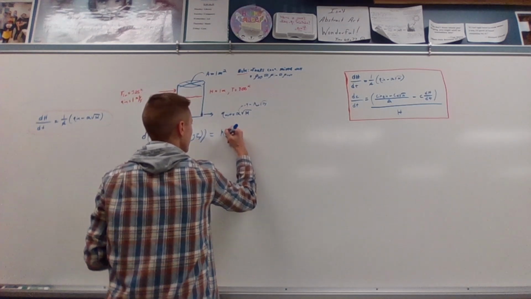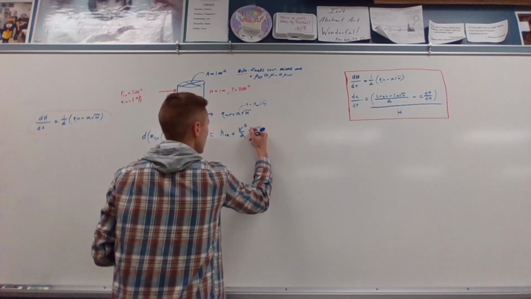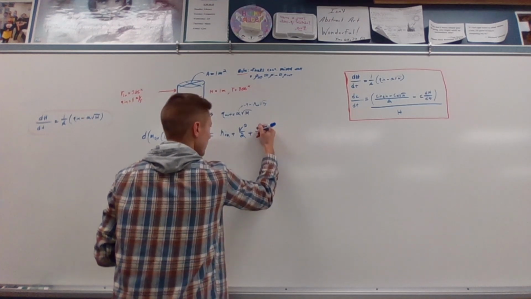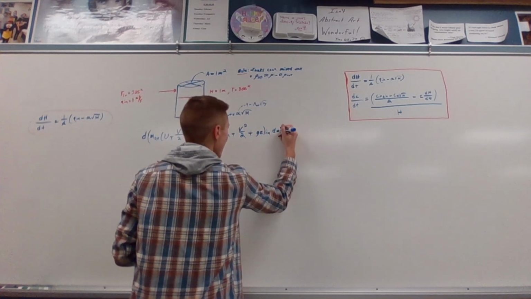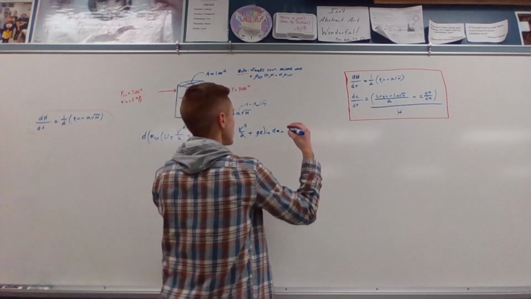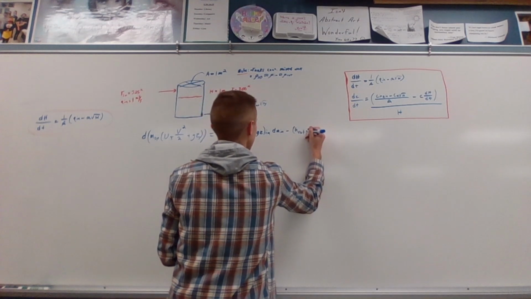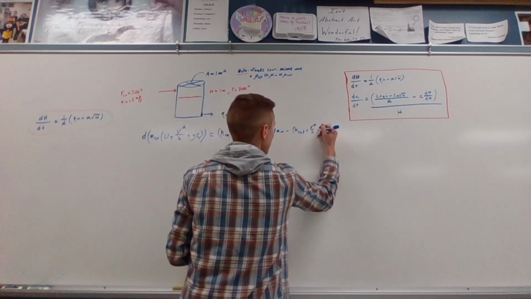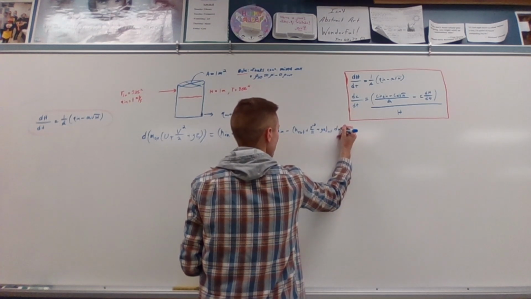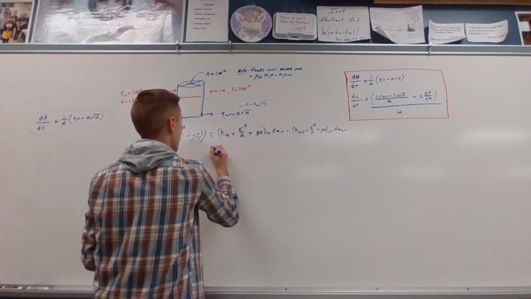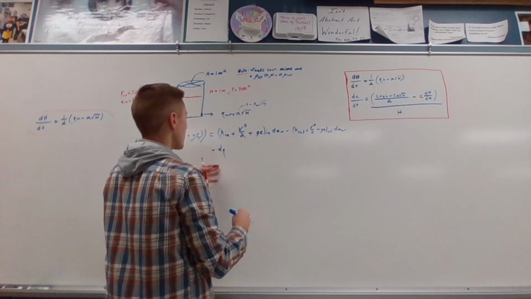The system is equal to our enthalpy coming in plus our v squared over 2 and gz terms, our kinetic and potential energy terms coming in, times a small change in the mass coming in, minus our enthalpy leaving plus the kinetic and potential energy terms out, and a small change in the mass leaving, minus our small change in heat added to the system.